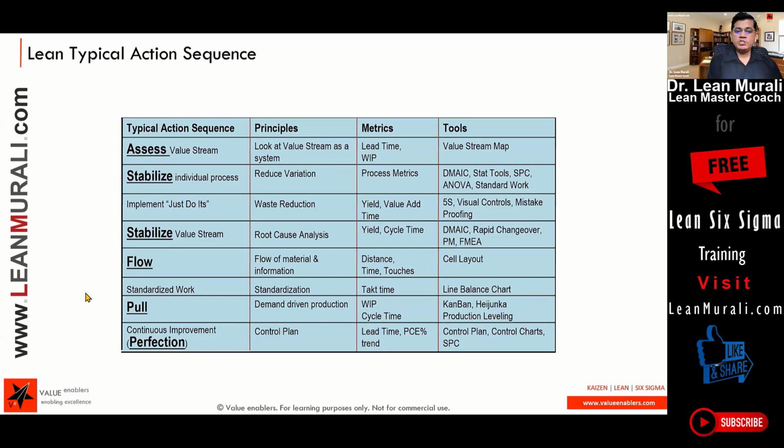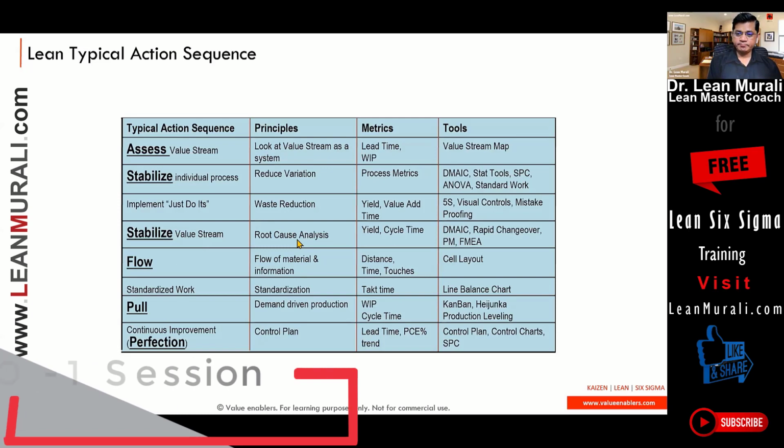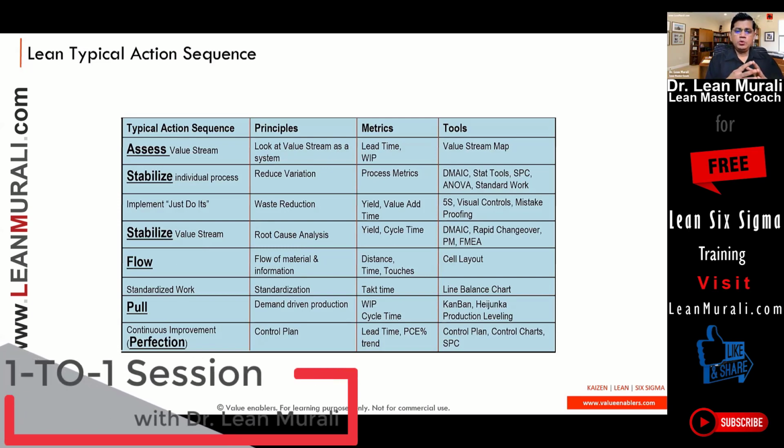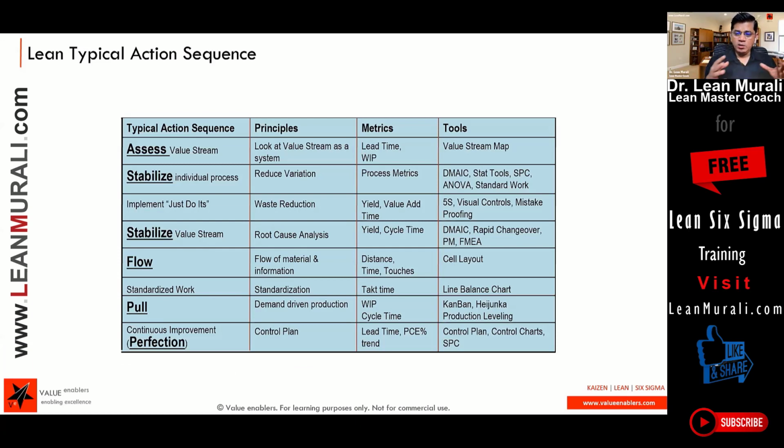Okay. Now stabilize the value stream is, now you make sure that the entire, when individual processes, just-do-it, all that has come more or less, now the entire value stream is stabilized instead of erratic.